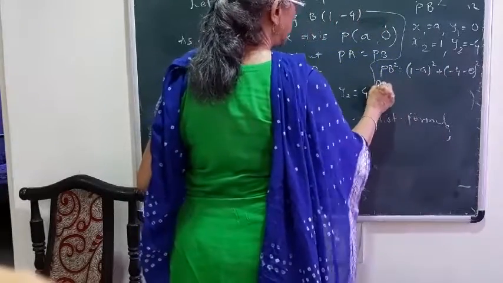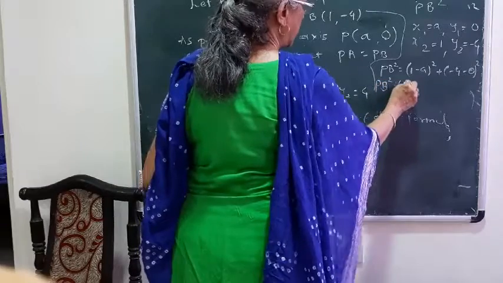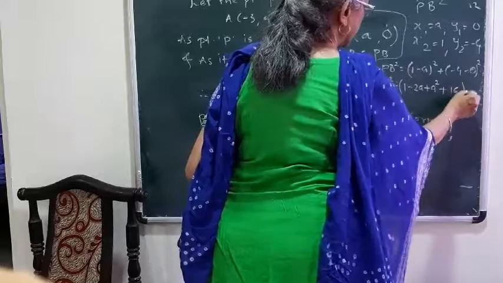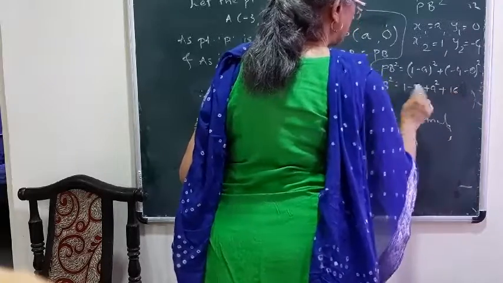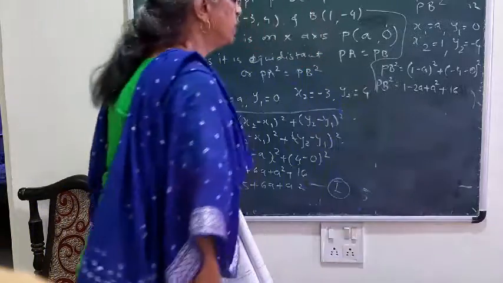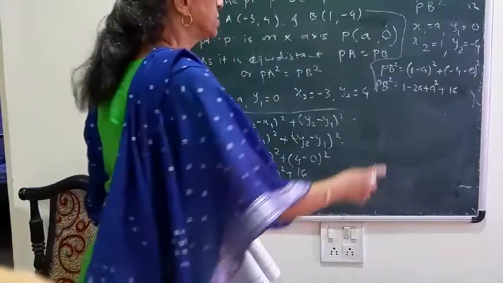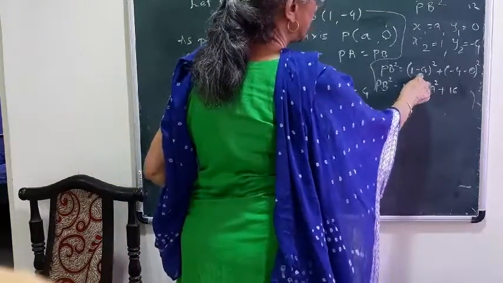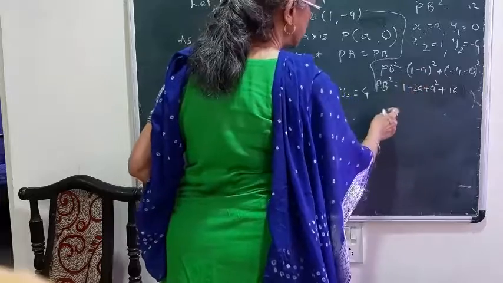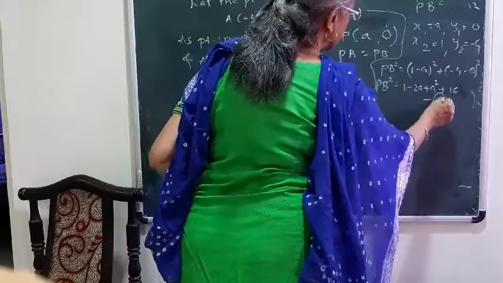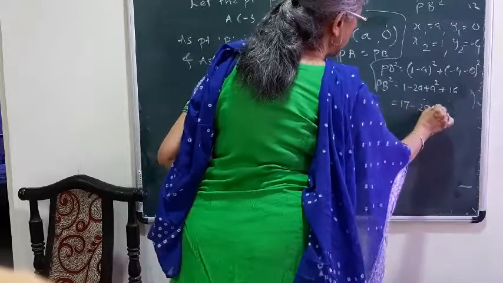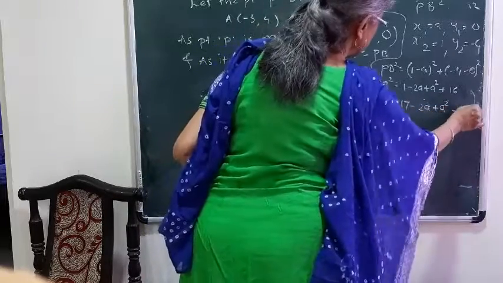So we have PB square is equal to 1 minus 2a plus a square plus 16. Here we are going to use the formula (a plus b) whole square is a square plus 2ab plus b square. So that is your second equation. So we can have this 17 minus 2a plus a square. So this will be your second equation.